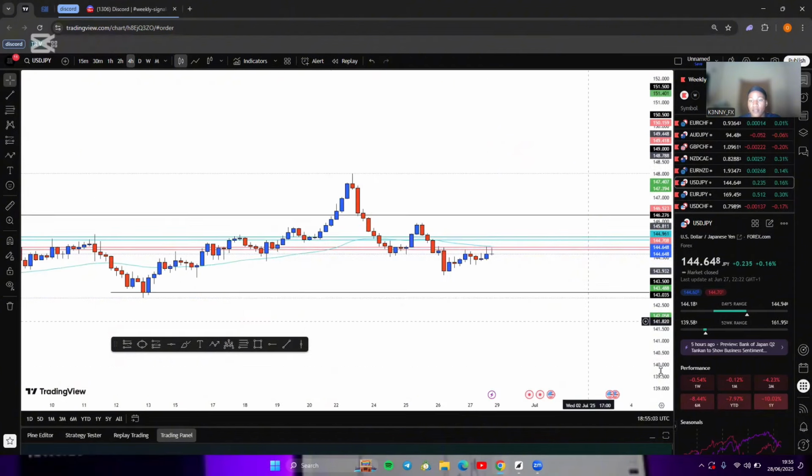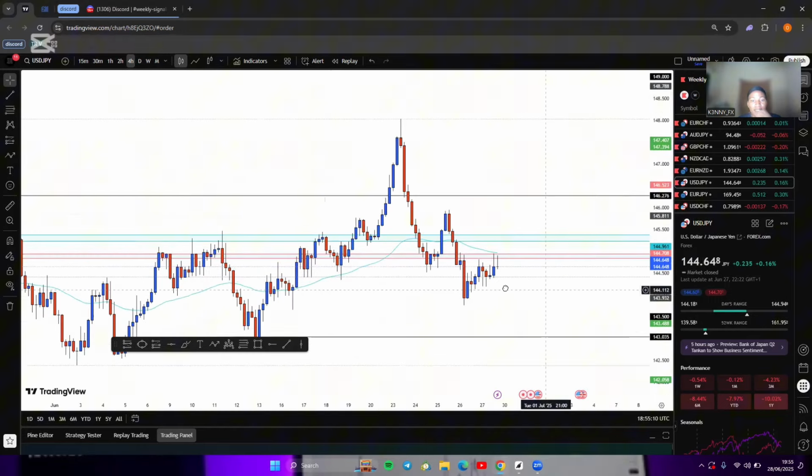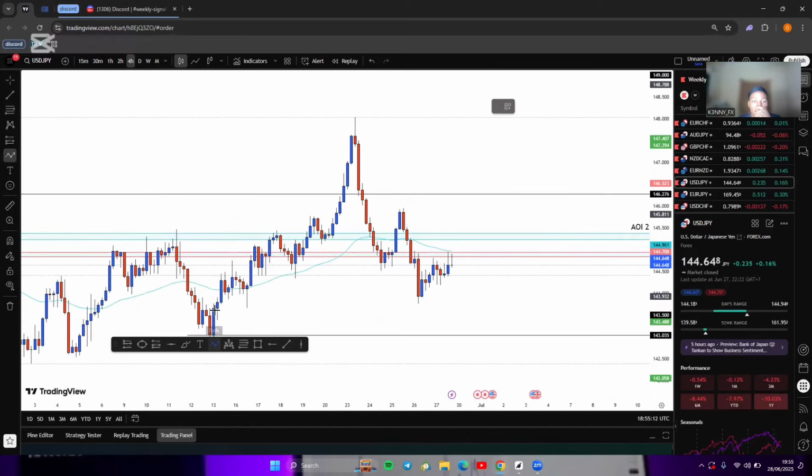One thing I love about this is this liquidity grab here, this move. One thing I like again on this USD JPY is I'm seeing this left shoulder, head, right shoulder, retest of neckline to sell.